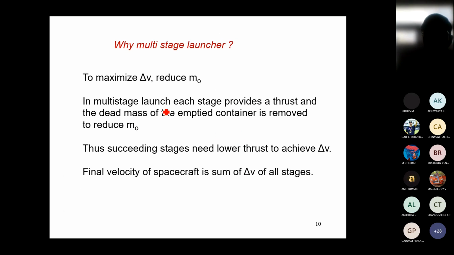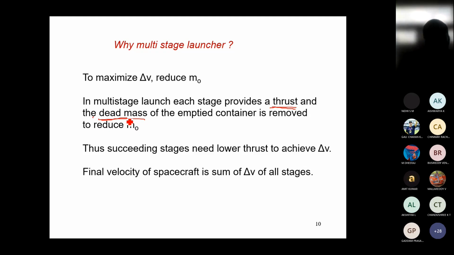In multi-stage launch, each stage provides a thrust and sheds the dead mass. That is what we are talking about. What do you mean by dead mass? Dead mass means the mass of the electronic components whose functionality is over. So those electronic components will be removed out of the rocket.